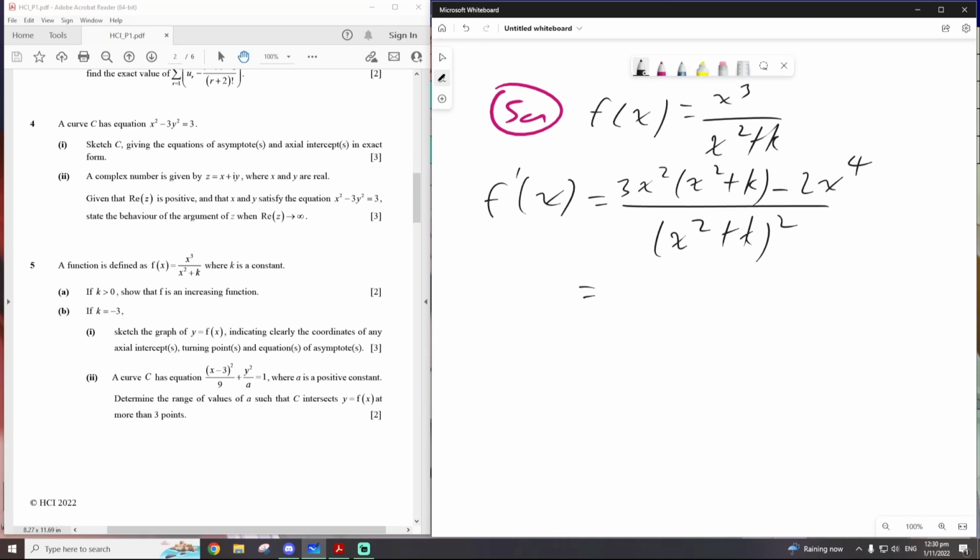And we can simplify this. This is actually 3x to the power 4 plus 3k x squared minus 2x to the power 4, so this is x to the power 4 plus 3k x squared, divided by x squared plus k squared.